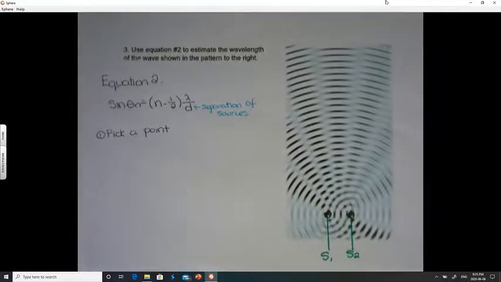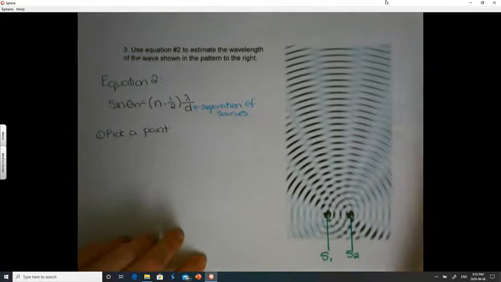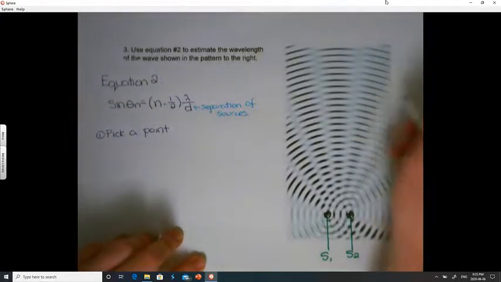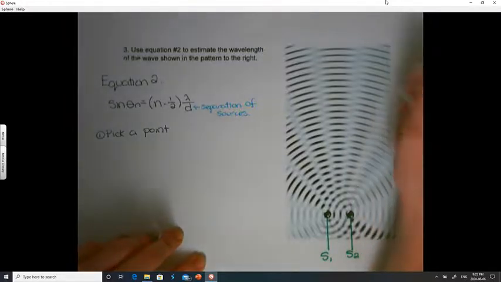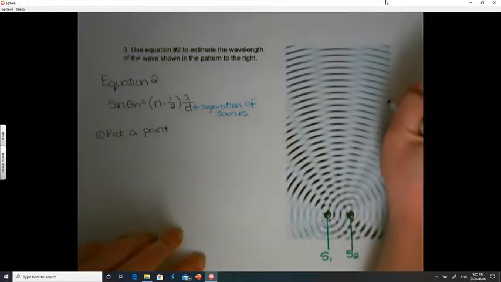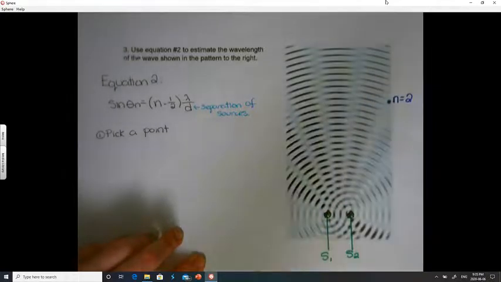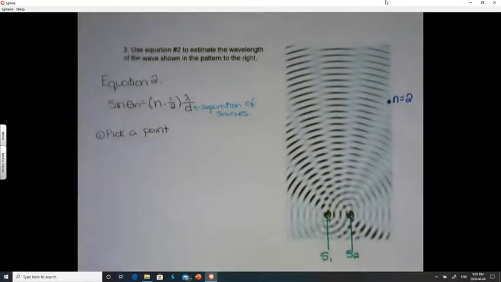Let's get a little different here. Let's pick a point on our second nodal line, just for fun. So this is that first nodal line, that's that first fuzzy area. Here's our second nodal line, it's that second fuzzy area. So here's my point, and this time we're going to use n equals 2.